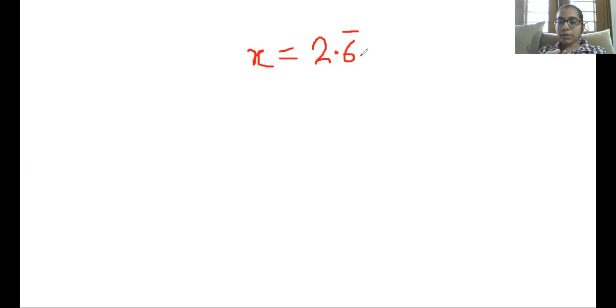Do you know how to convert it into a rational number with a proper method? Basically, this is a part of 9th class syllabus, but you need to learn that. So what is the first step?